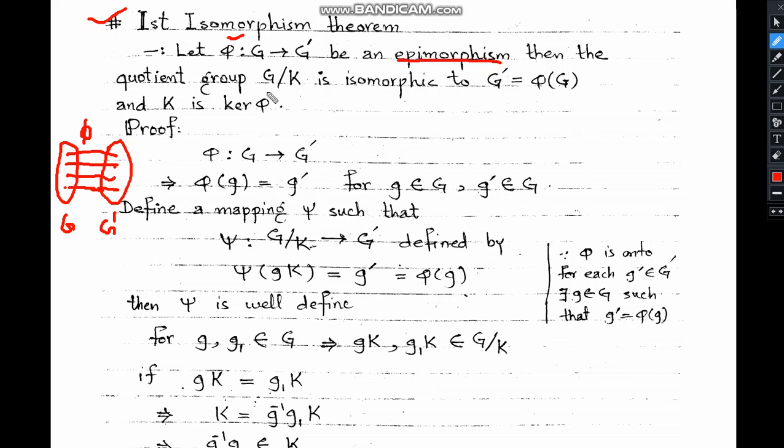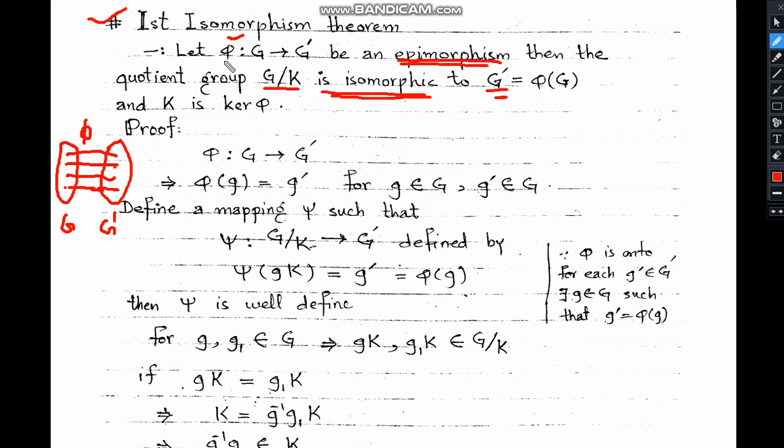Further, there is a quotient group G upon K. As you know, a quotient group is a group having right cosets as elements, and this is isomorphic to G dash. It means if phi is an epimorphism, then G upon K will also be isomorphic to G dash. So this is the statement of this theorem. I hope you have understood the theorem statement.